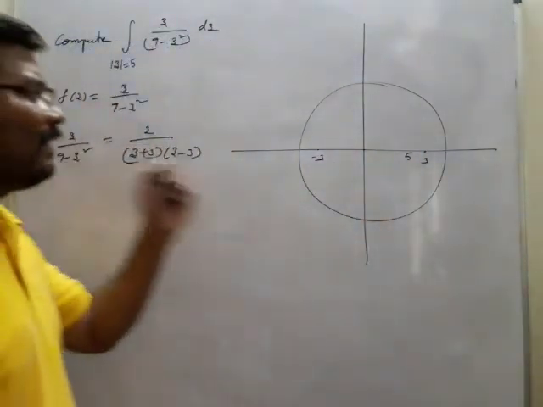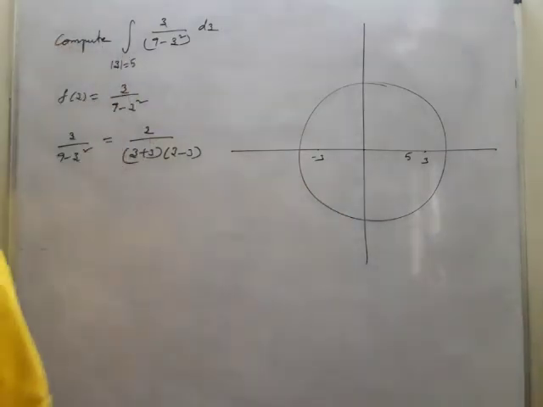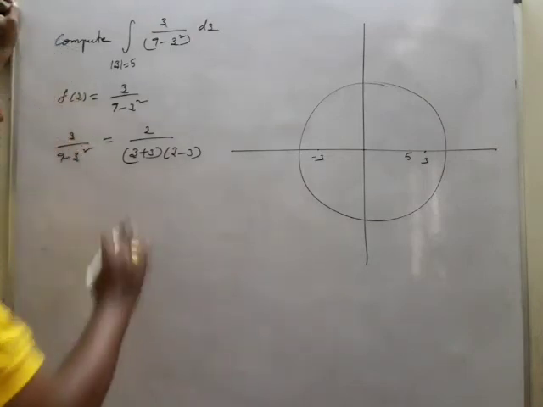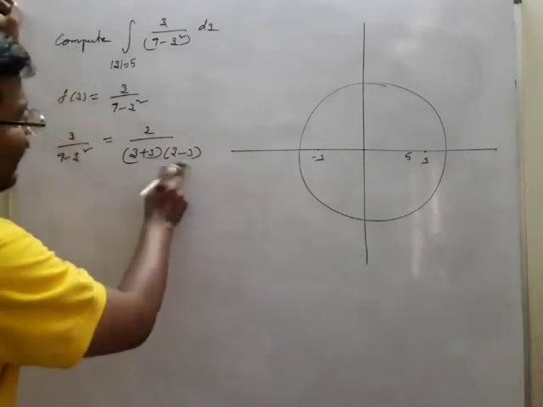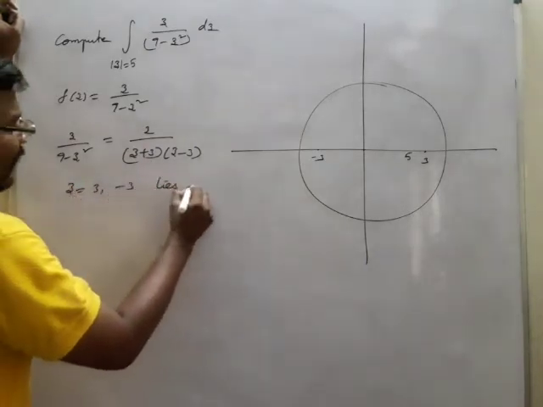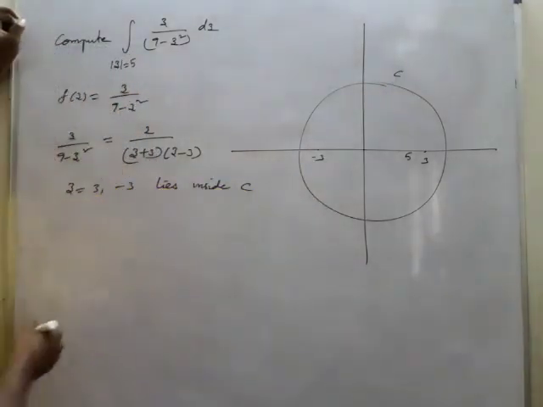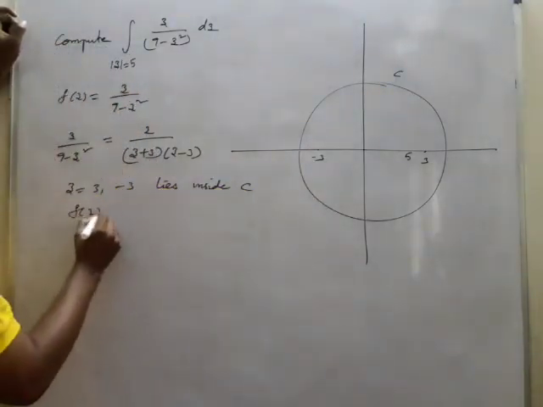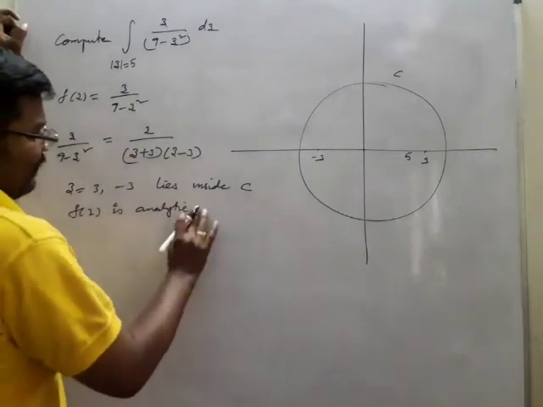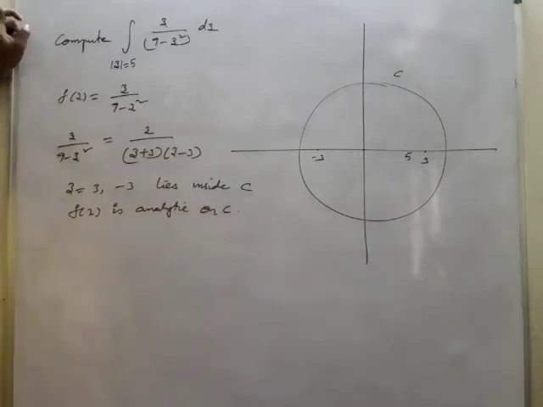We can find the values of these two by taking partial fractions, because z equal to 3 and minus 3 lie inside C, and f of z is analytic on and inside C.